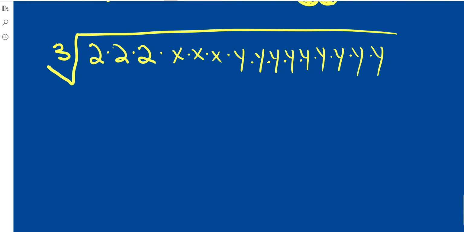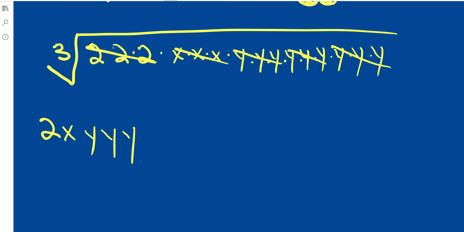So I've got the cube root of all this, and this is saying for every 3 of the same number, take 1 out. 3 2's, take 1 out. 3 x's, take 1 out. 3 y's, take 1 out. 3 y's again, take 1 out. And yet 3 y's again, take 1 out.